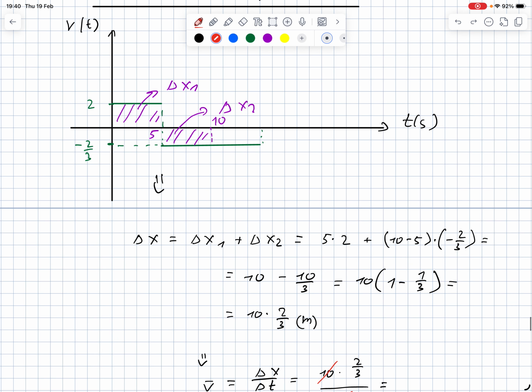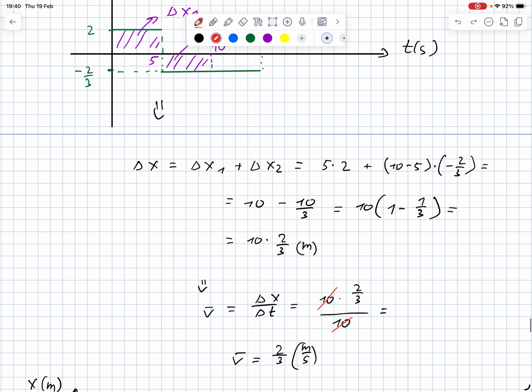And finally, this is our displacement. And eventually we can calculate the average velocity. We take this parameter, delta x, and divide it by the interval of time, and finally we get the same result for the average velocity, not speed.